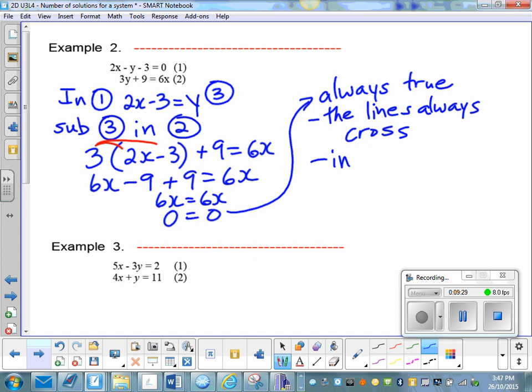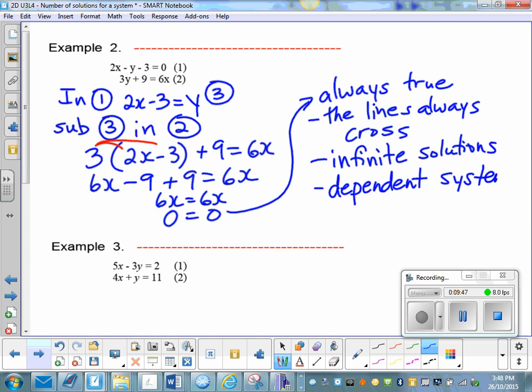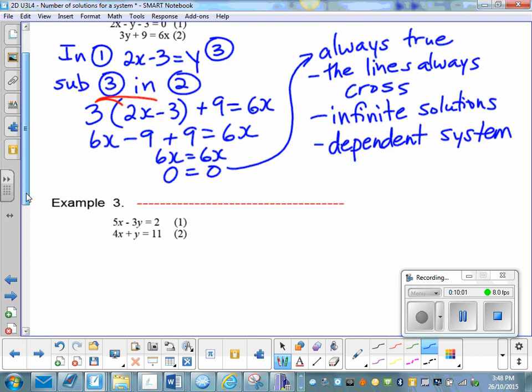And if those two lines overlap each other, that means we have infinite solutions because they're right on top of one another, and that means that we're looking at a dependent system. So up here, this is an example of a dependent system.